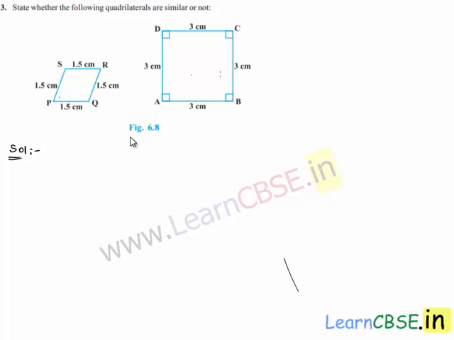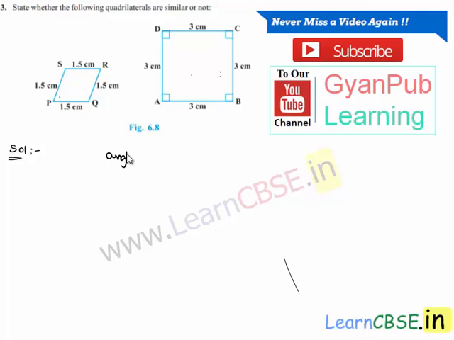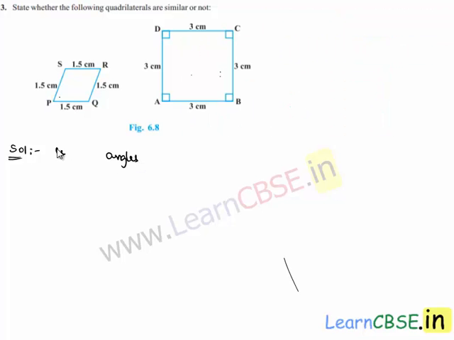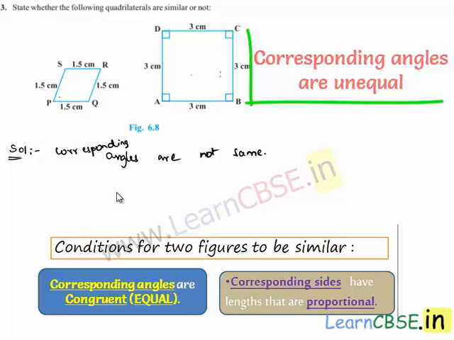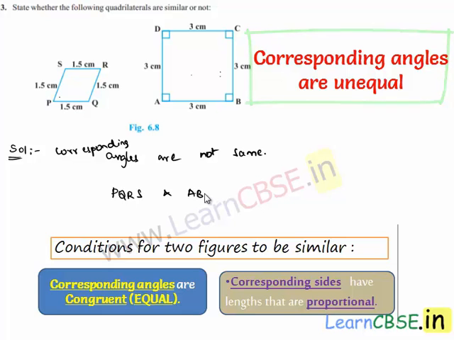In both the figures, the corresponding angles are not the same. So we can say that the given two figures PQRS and ABCD are not similar.